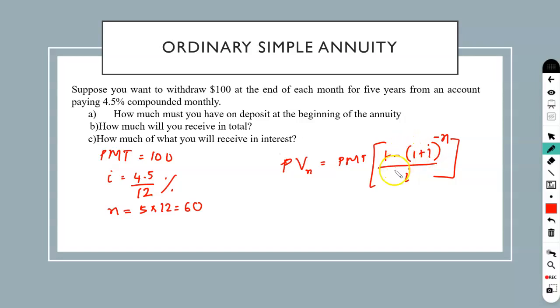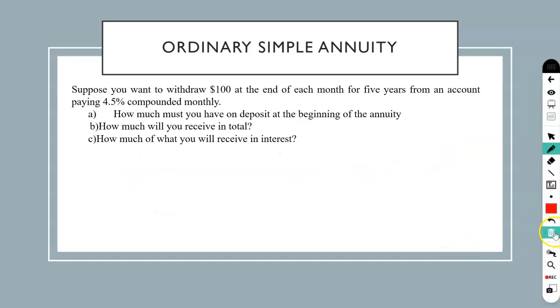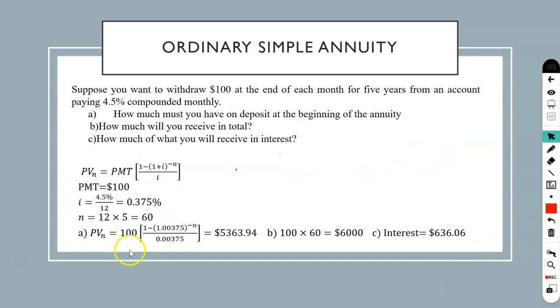You get the numerator, divide by i, and this whole bracket value you multiply with PMT to get the present value. Once you calculate using the calculator, you should get the present value as 5,363.94. That is, if you have this much amount in your fund, then you can withdraw $100 every month for the next 5 years.